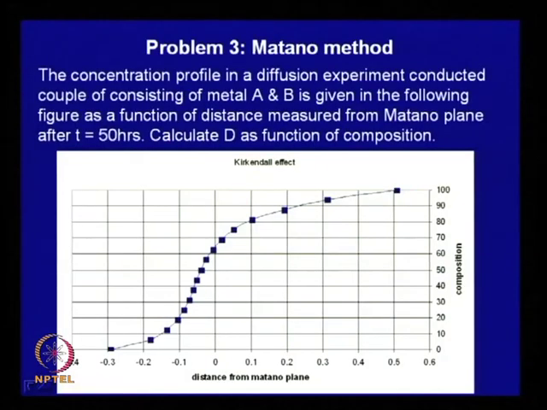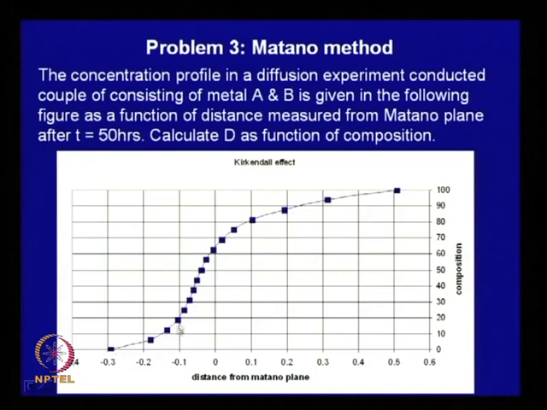Now, here is an example, and if you try and solve it, you will get a feel for the procedure. This concentration profile in a diffusion experiment conducted on a couple consisting of metal A and B is given in the following figure. Look at this figure.